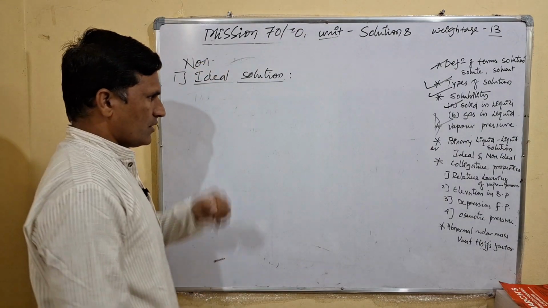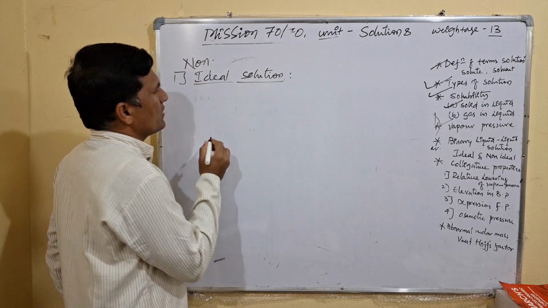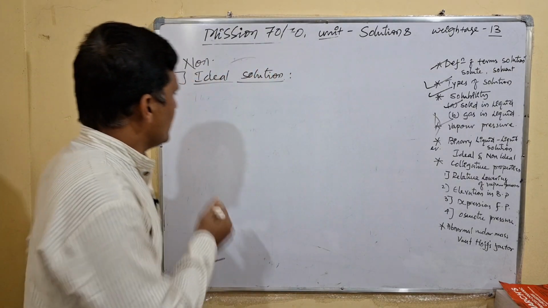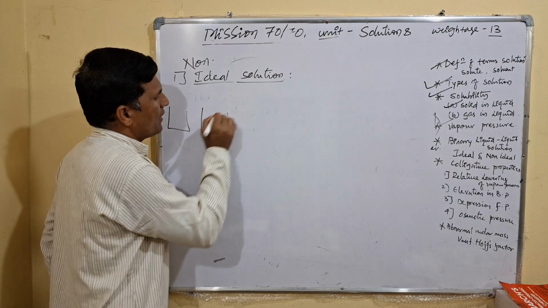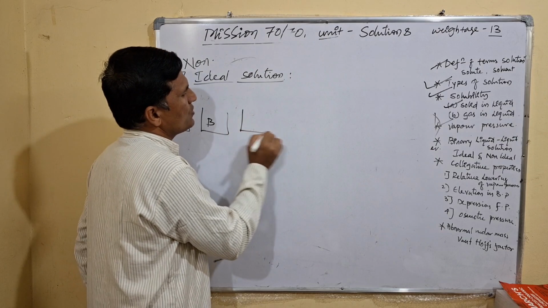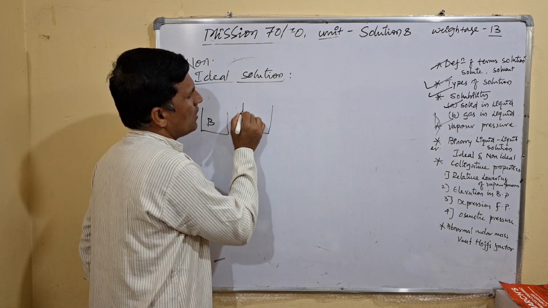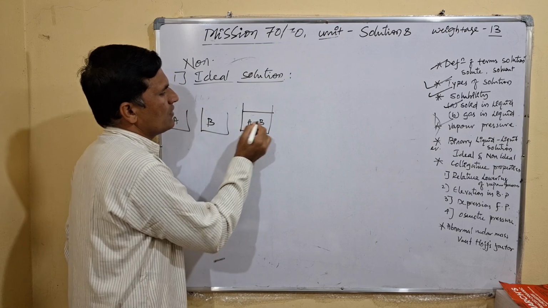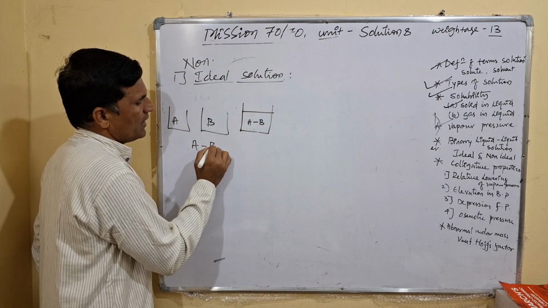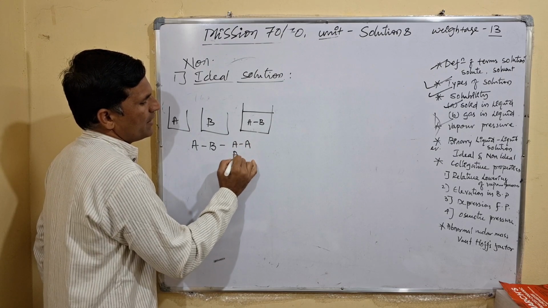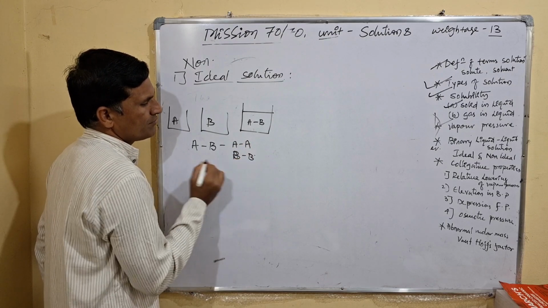Okay. Similarly, we will look into non-ideal solutions. Non-ideal solution means, when you mix liquid A and liquid B, the interaction between A and B will not always be the same as in the case of AA and BB.